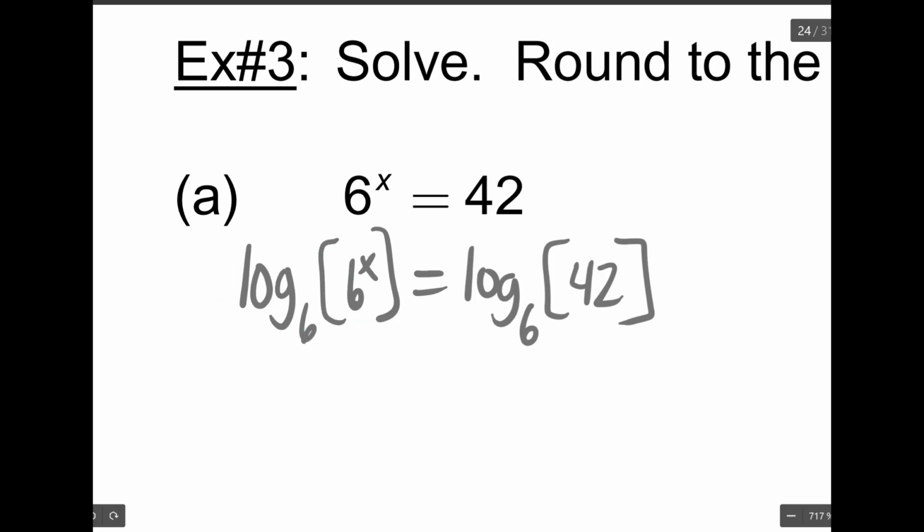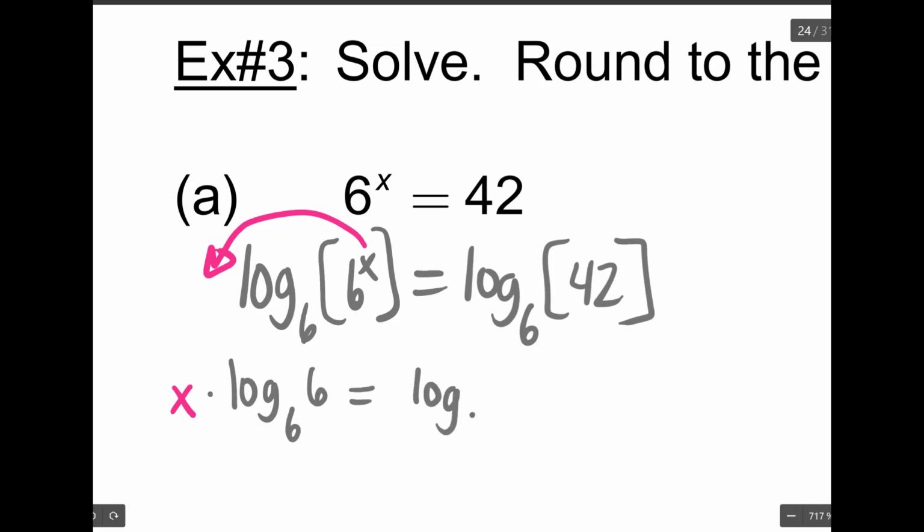First I want to move the exponent to the front. This is what we did last time with the properties of logarithms. The power property allows me to move the x out front. So then I have x times log base 6 of 6 equals log base 6 of 42.